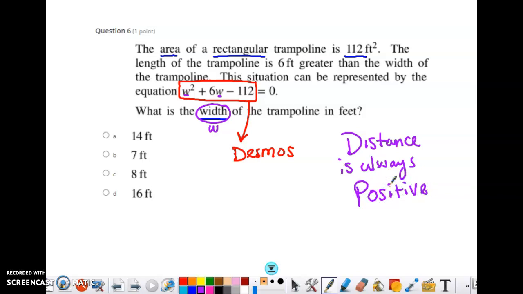Okay, so when I looked at my graph, I had a negative 14 and I had a positive 8. So which one is the answer for your W? Okay, distance is always positive. So pick the one with the positive answer.